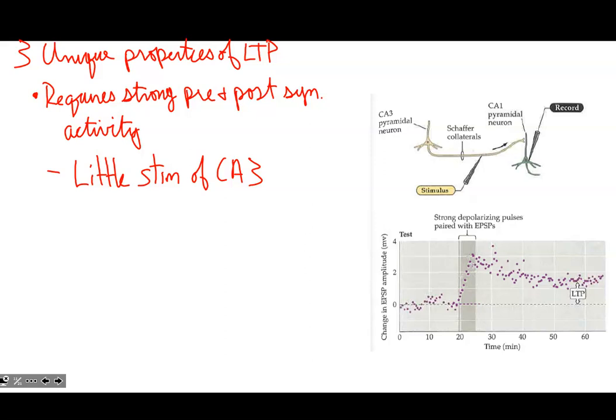Okay, so what they're going to do is provide individual stimuli, right, and then measure the response in CA1. And as you would expect, little stimuli of CA3 equals no long-term potentiation. And so you could induce long-term potentiation by giving this CA3 axon tetanus, but instead, in this case, what they're going to do is provide brief depolarization of CA1.